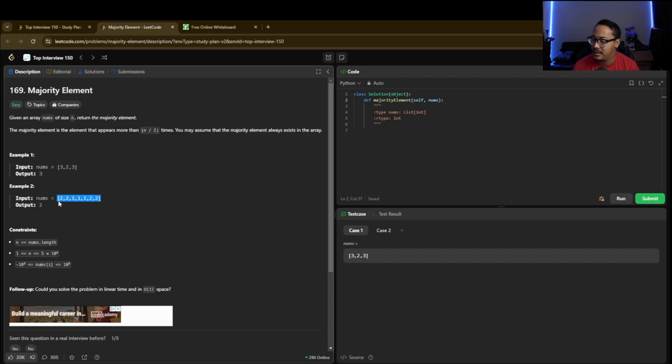majority. Because if you think about it, we have 3 elements here, and if we split 3 in half, it would be 1.5, 3, 1.5, right? We look at the middle element, and we can round down, so element 1 would be in the middle.